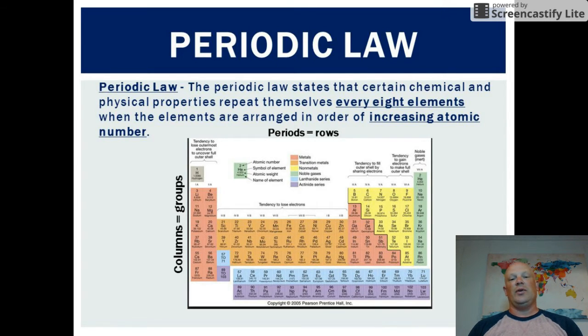Then it gets a little confusing because you're going to skip that middle section for what we're doing and go to group 13. So group 1 has characteristics, group 2 has characteristics, 13, 14, 15, 16, 17, 18, and then it starts back over at group 1. So all it's saying is that there's a pattern happening here.